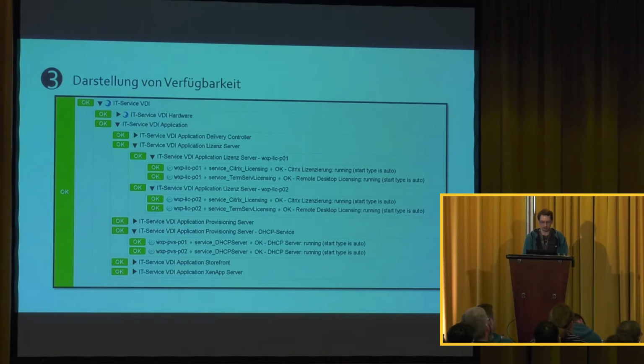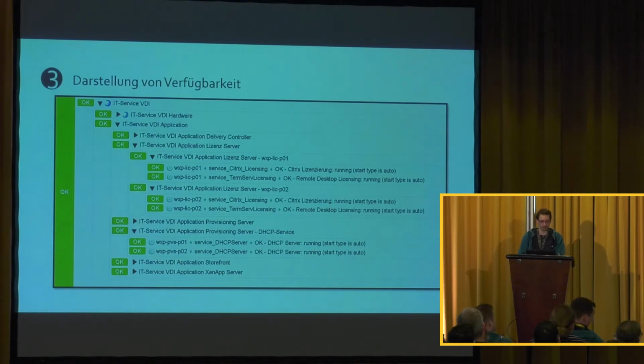The display of availability happens in a BI tree, as we have seen in the demo. It's always split up into a hardware area, which we can see up here. It's folded in, and an application field. Of course, this enables us to see immediately whether it's a hardware defect or a software error.